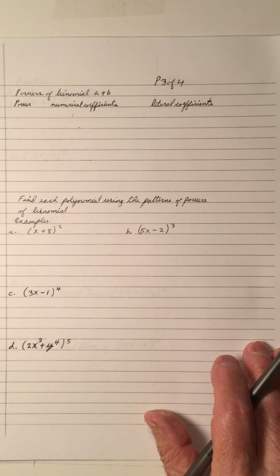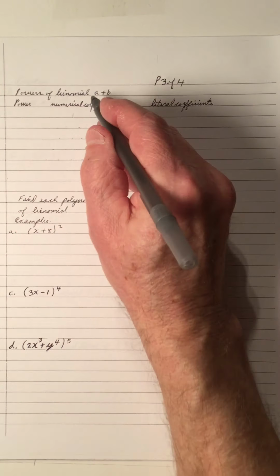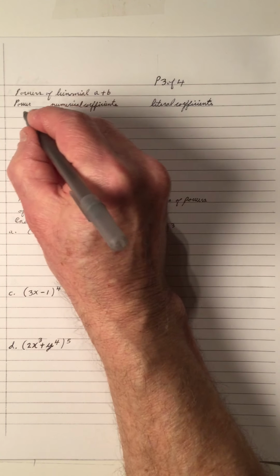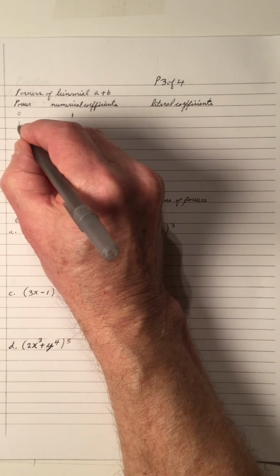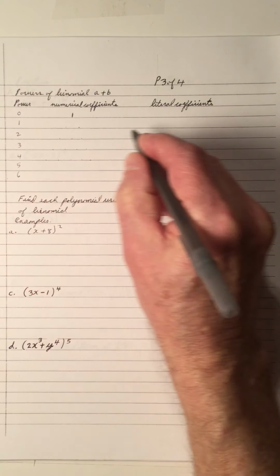Powers of a binomial. So if you work it out, I go 1, and this is the 0, that's the 1, and that's the 2, and that's the 3, and that's the 4, and that's the 5, and that's the 6.